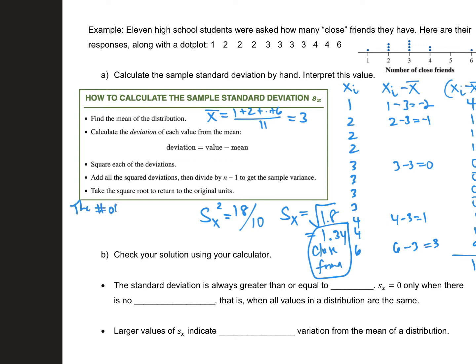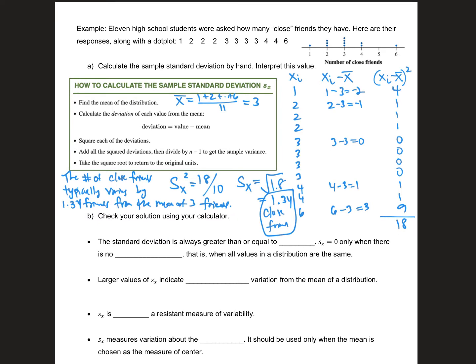The number of close friends, that's the context, typically varies by 1.34 friends from the mean of 3 friends. You could say close friends, I'm just using friends here. So that's how you do it by hand.